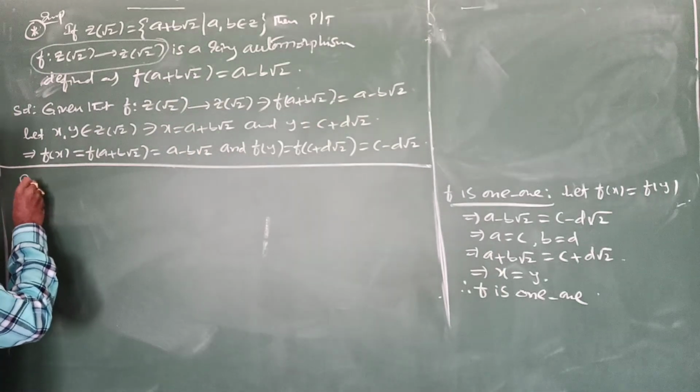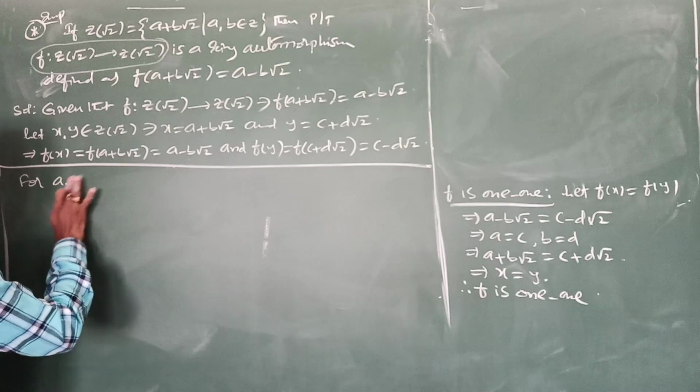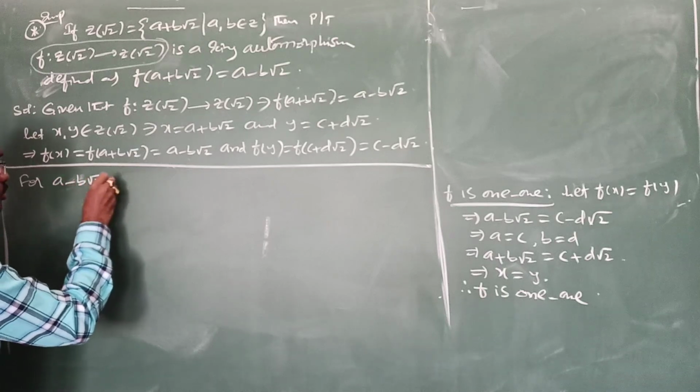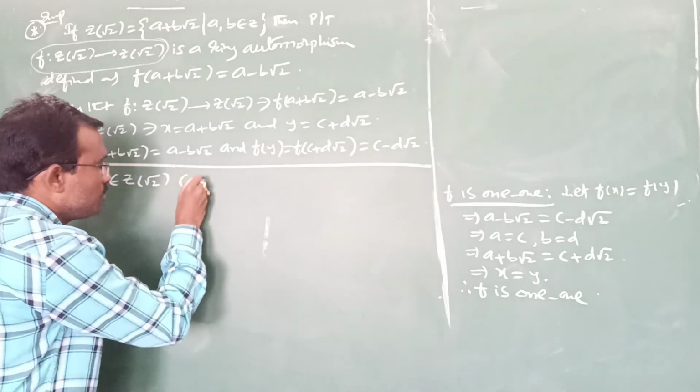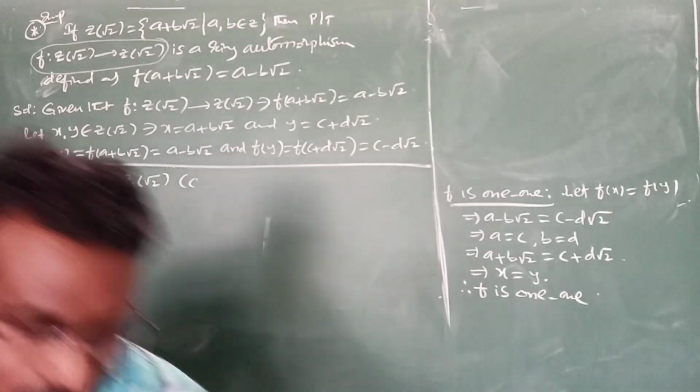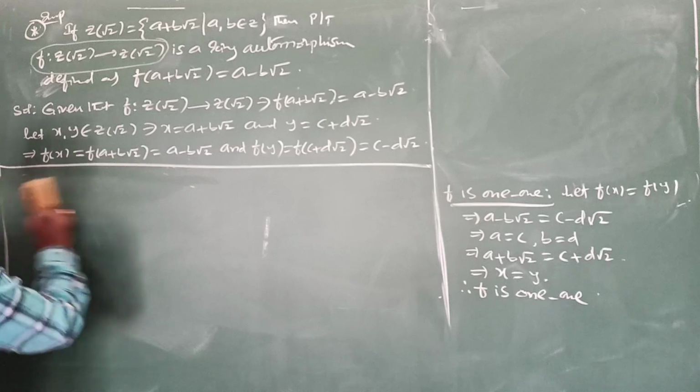For a minus b into root 2 belongs to Z root 2. This is the codomain set. Here, it is better to put a first heading that f is onto; I have not written it.